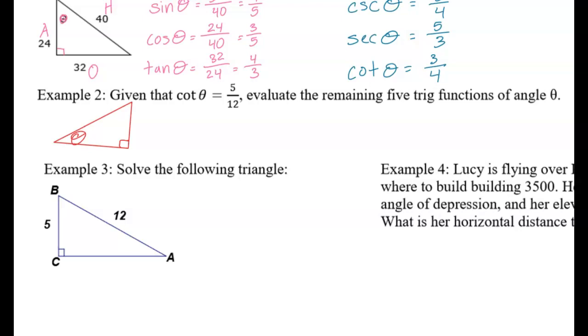Now remember, cotangent is associated with tangent, and tangent we know is TOA, O over A. So instead of this being O over A, what's this going to be? A over O. So I know that the adjacent side to this angle is 5, and I know the opposite side to that angle is 12.